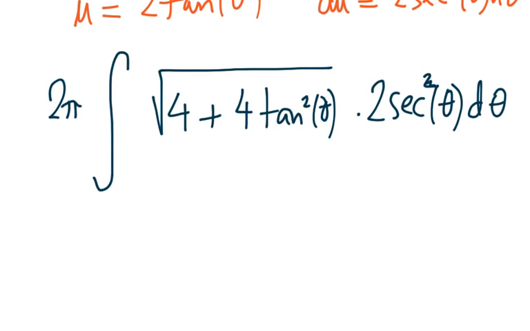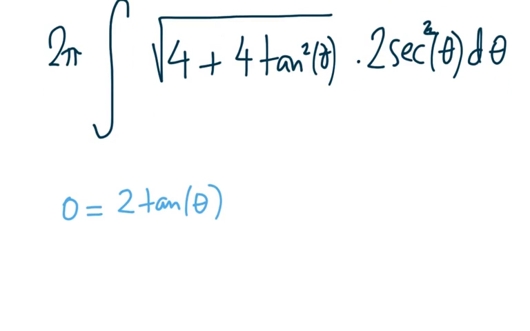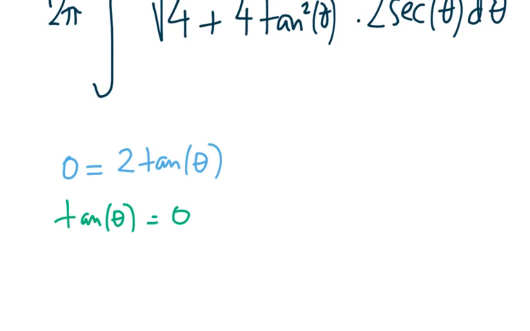When u equals 0, so 0 equals 2 tangent theta, okay? That means tangent theta equals 0. Where is tangent 0? Tangent is 0 at 0. So I can say theta equals 0. So it's going to be from 0. Okay. Now, when does 1 equal 2 tangent theta?